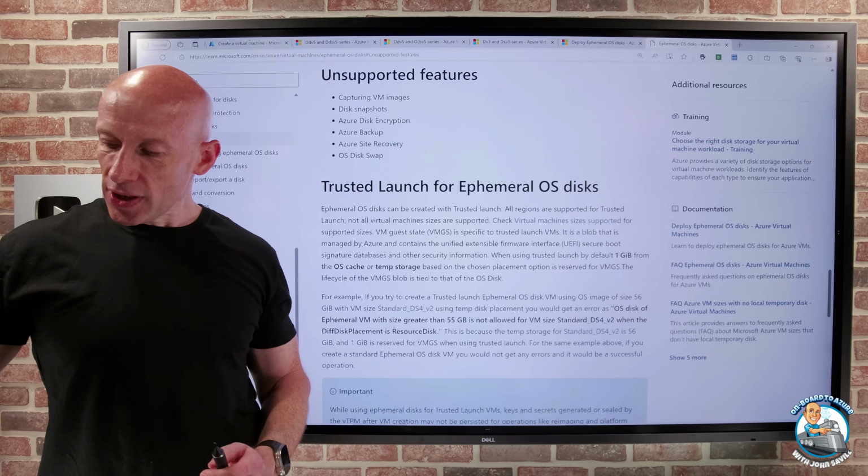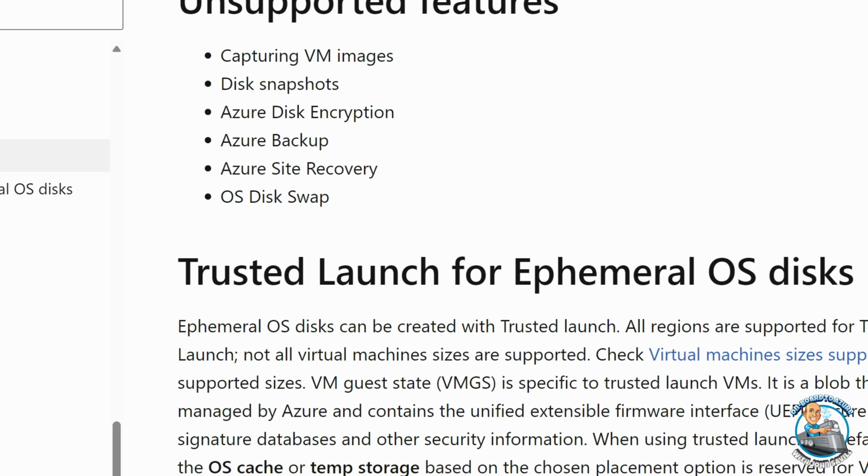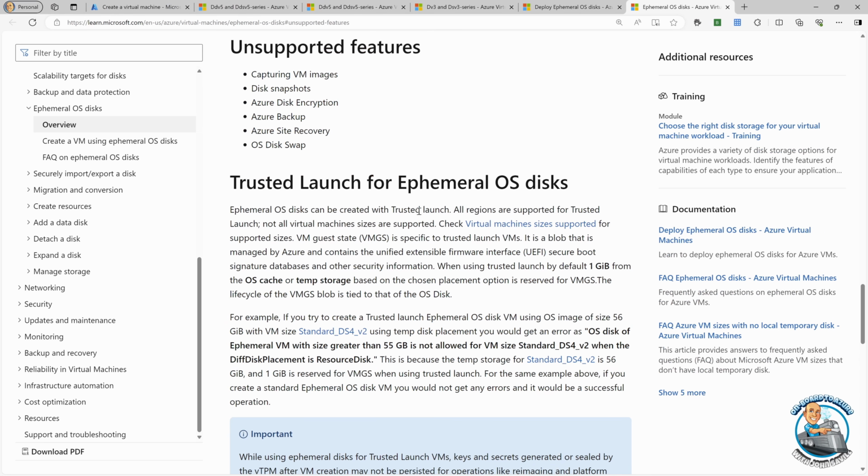There's a whole list of other things that aren't supported. If you look at the documentation, we can't capture VM images, we can't do disk snapshots, Azure Disk Encryption, Azure Backup, ASR, or OS Disk Swap. You can still use trusted launch, and the documentation goes through that, but just be aware of those scenarios.